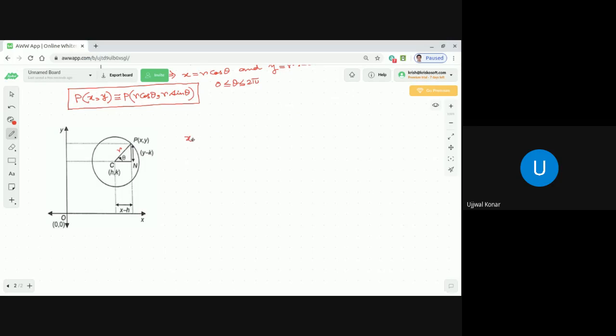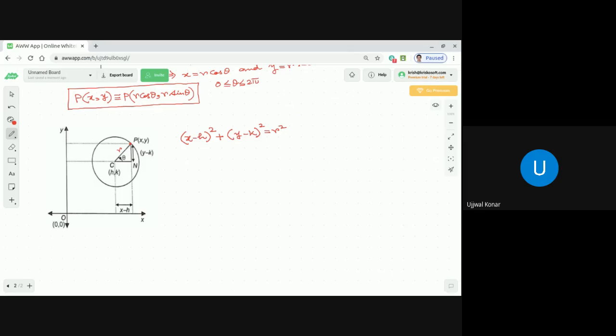We know (x minus h) whole square plus (y minus k) whole square is equal to r square, isn't it? That is the equation of the circle with center at the point h comma k and radius r. Now what we are going to do is that we take an arbitrary point P with coordinates x comma y.